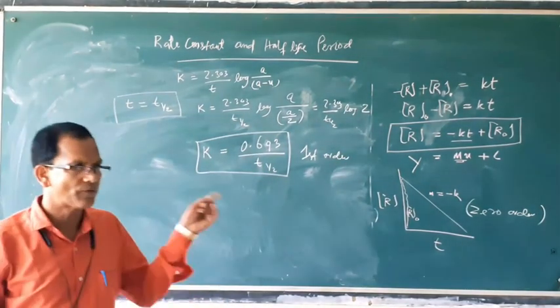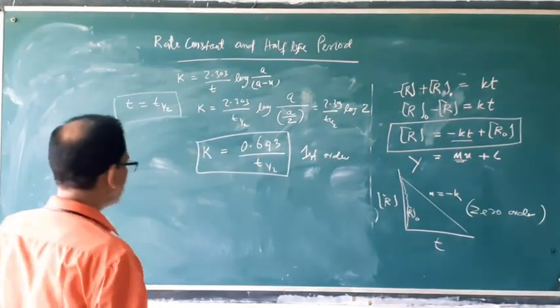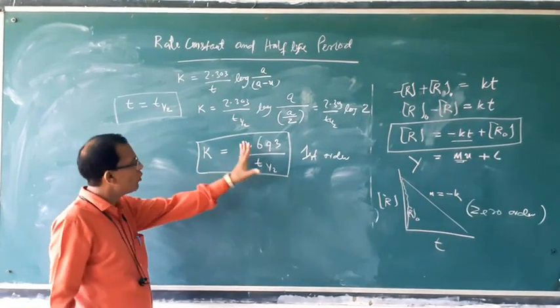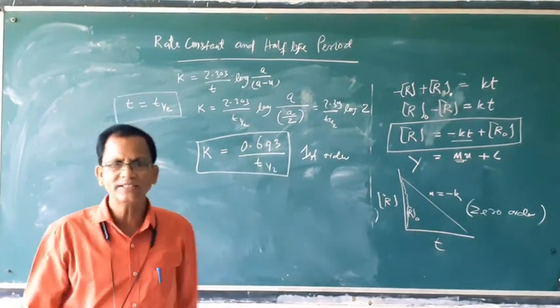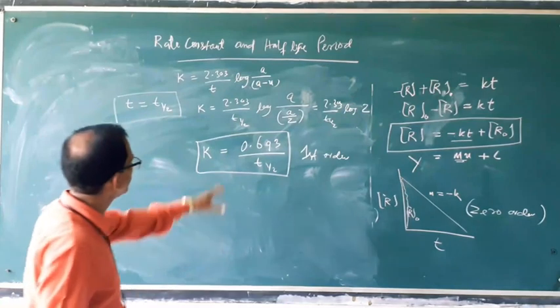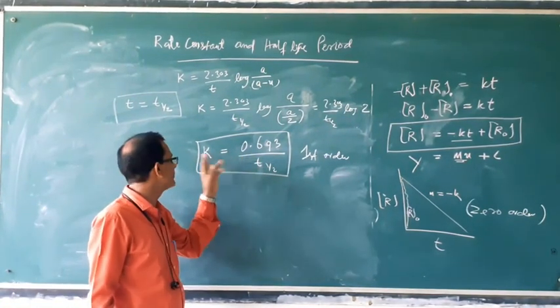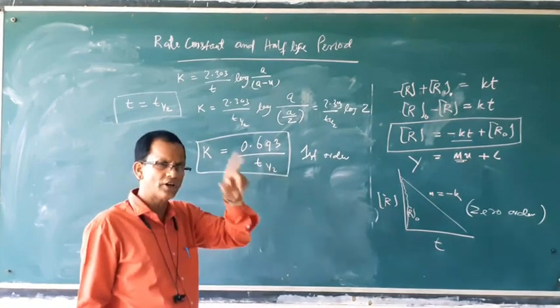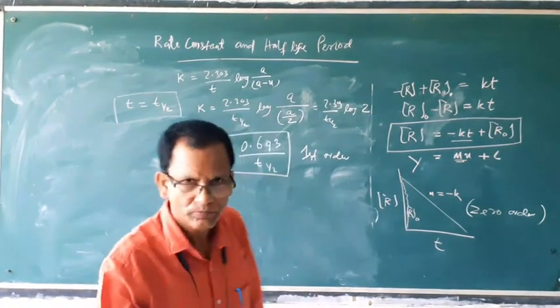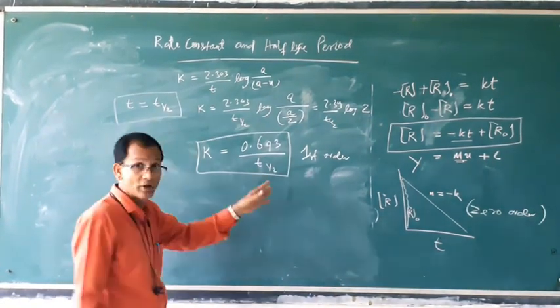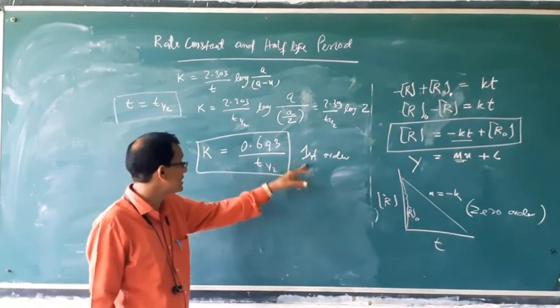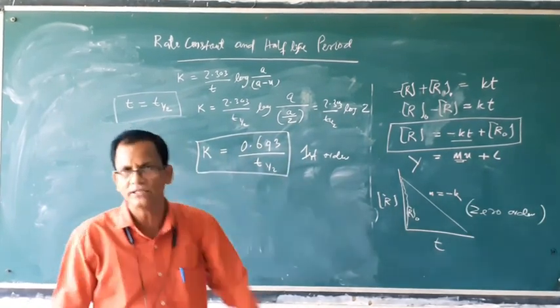For zero order and first order, you see the difference. In this case, no concentration term is present. No concentration term is used in the expression of k and t half. But in zero order, n0 was used. In first order, no n0, no n is used.